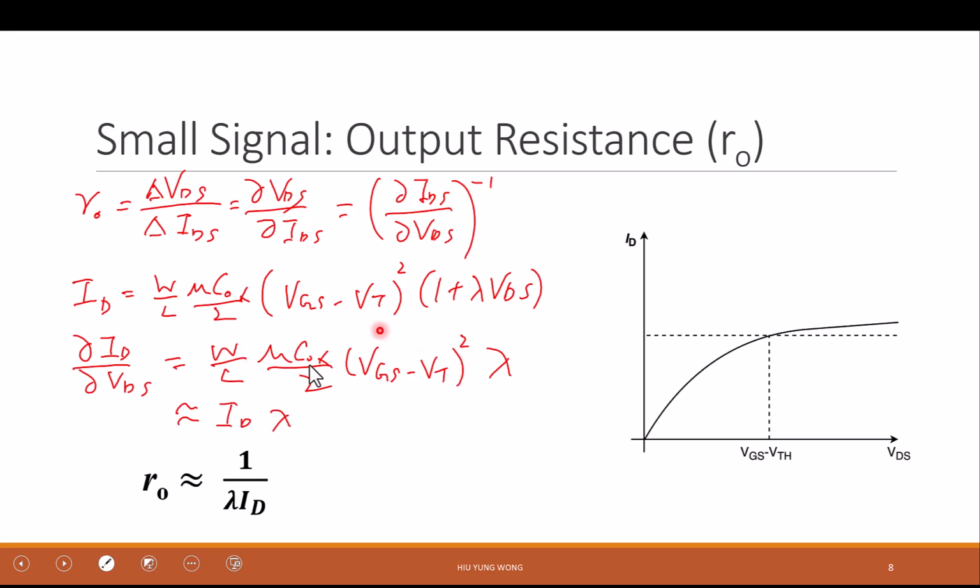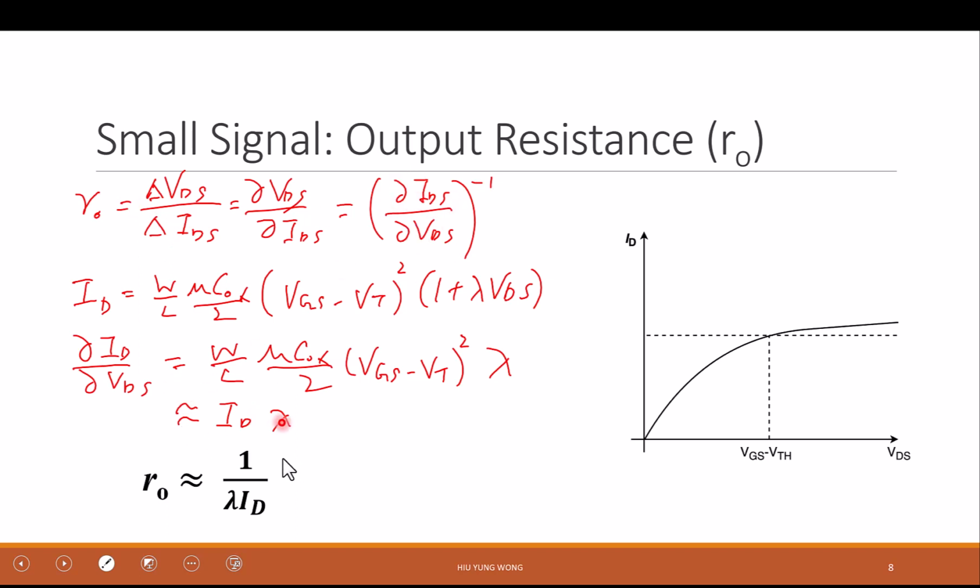Because this term is very similar to this term, except that this term does not have 1 plus lambda VDS. But this is small usually, so it's a good approximation. Okay? And based on this, we plug into this equation, because R0 is 1 over this term, right?